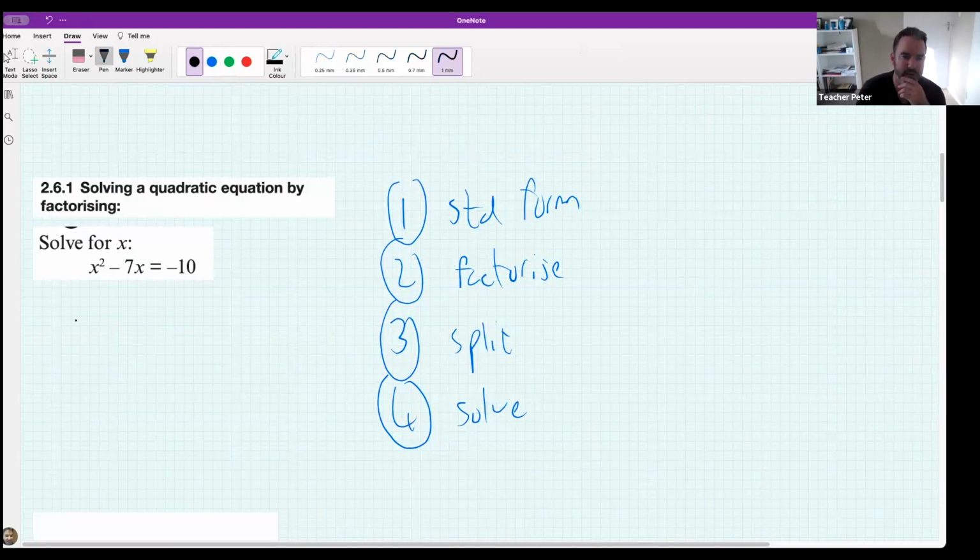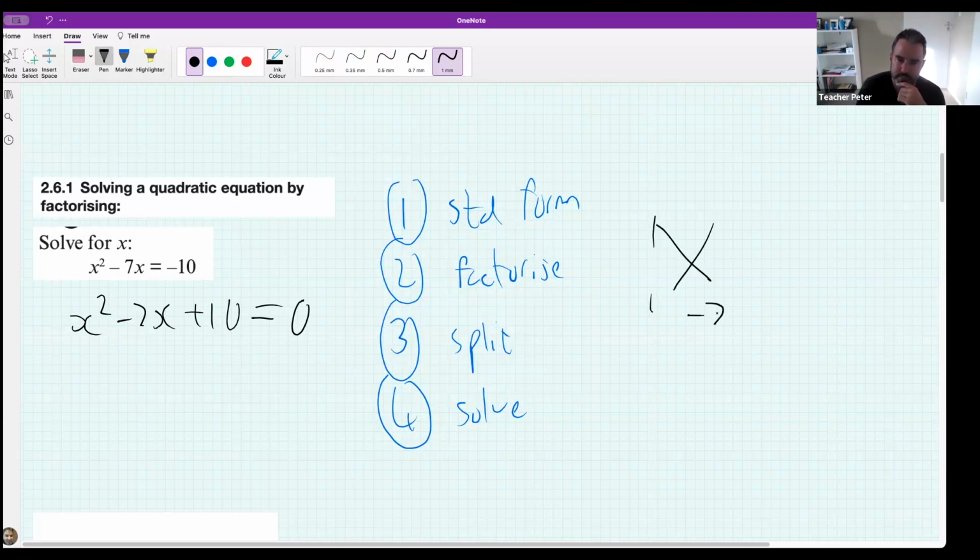Okay, so step one, to get into standard form, I would do that. To factorize it, I would do that.